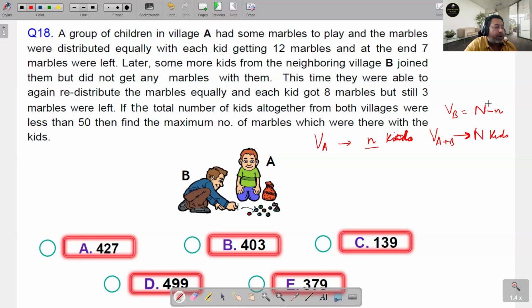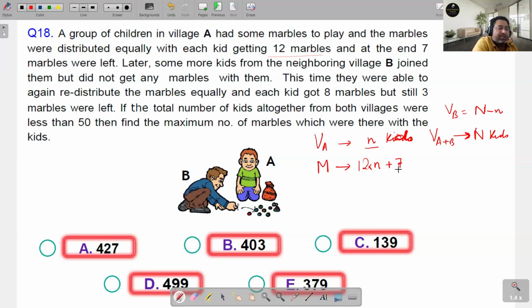Correct. All right. Now, given the first one, we know that if the total number of marbles, let's say, were m, that will be equal to 12 times n plus 7, right? Because every kid in village A got 12 marbles, and there were n kids.